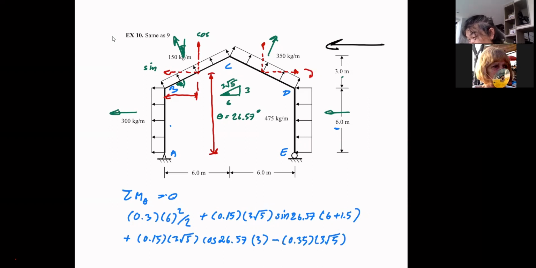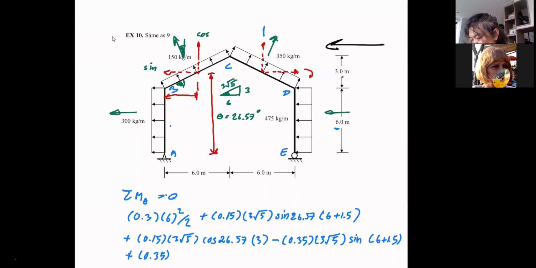And that one is a sine term. I'm just going to skip 26.57, okay, because I'm running out of space. And the moment arm is again the same, 6 plus 1.5. And then the vertical component, this one, gives you again the counterclockwise moment. So this one becomes a positive again.